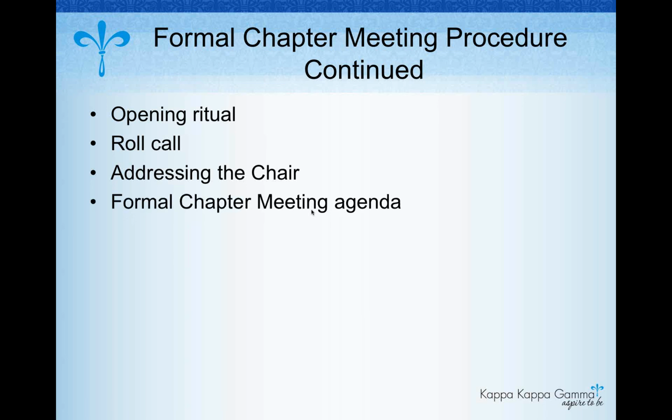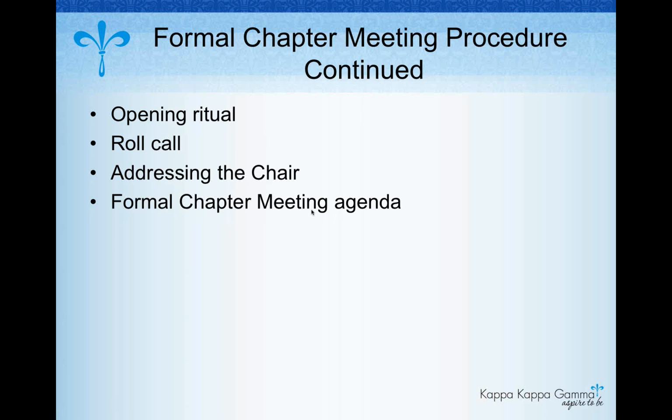Formal chapter meeting agenda. Once those uninitiated members are escorted and brought into the room, you do want to make sure that you have committee reports, so reports of officers and committees. If there's any new business, if there's any old business, if there's any part of the agenda that you want to use for the good of the chapter, and then before you utilize the closing ritual, you would need to excuse those uninitiated guests.